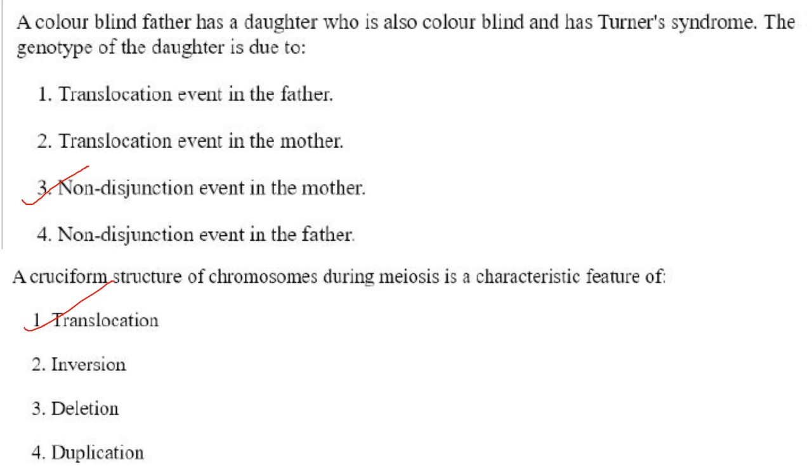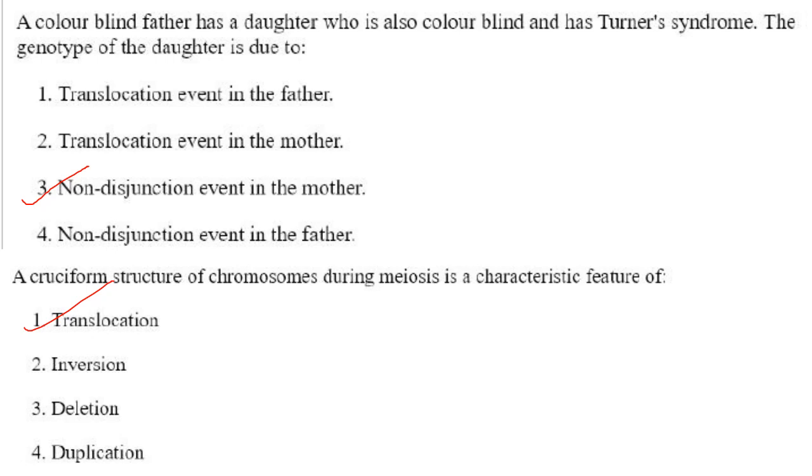The daughter is colorblind, which means she has inherited the disease from her affected father. The condition of Turner syndrome is not related to the father's colorblindness. This is due to non-disjunction of chromosome during meiosis in the mother, where the X chromosome failed to separate properly. So the answer here is option 3.